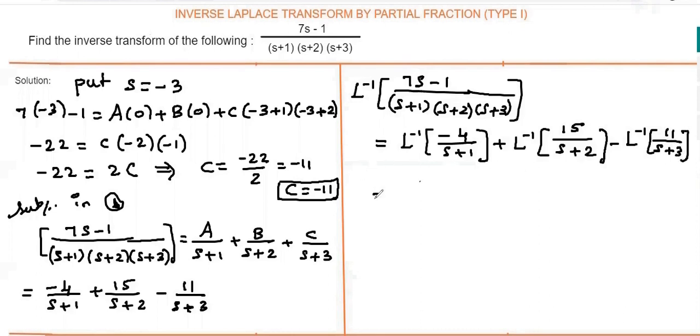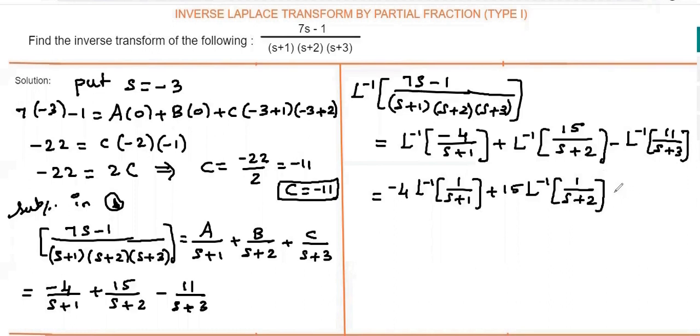Now what happens here? This negative 4 is a constant, so I can take it outside: negative 4 Laplace inverse of 1 over s plus 1. This 15 is a constant, so plus 15 Laplace inverse of 1 over s plus 2. And this 11 is a constant, so minus 11 Laplace inverse of 1 over s plus 3.